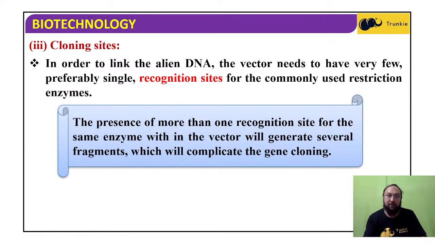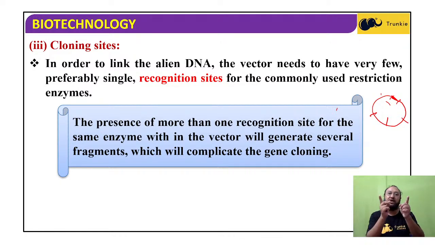For example, I'll draw a diagram here. If this is the DNA, we cut here and insert the piece here. If there are so many cut sites, then we have to join everything again. We don't need those cuts, we need only one.